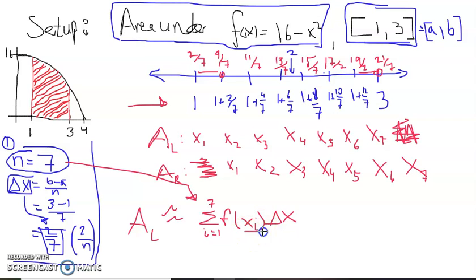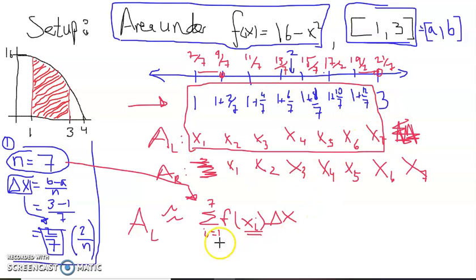So now we have x_i is already labeled for us for the left sum. Okay, so as you're going along, if you wrote out every single one of these terms, you would take 2/7. Here, I'll just write this below.